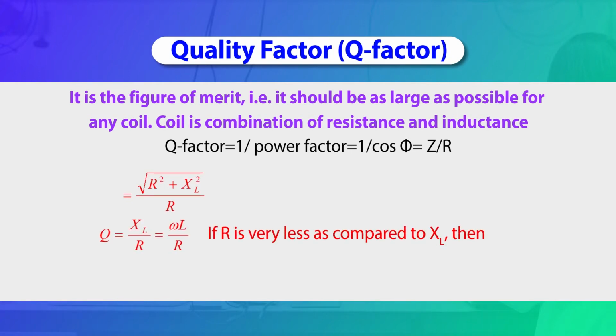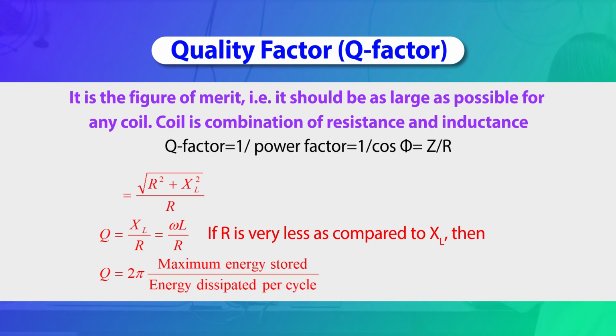So Q factor can be written as Q equal to XL upon R, and XL is what? That is inductive reactance, and inductive reactance can be written as omega L. So Q can be written as omega L upon R. So this Q factor can also be written as Q equal to 2 pi multiplied by the maximum energy stored to the energy dissipated per cycle.